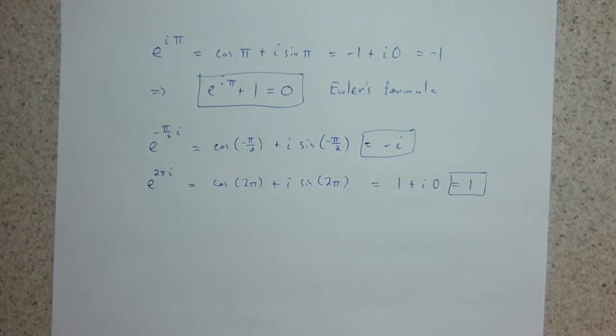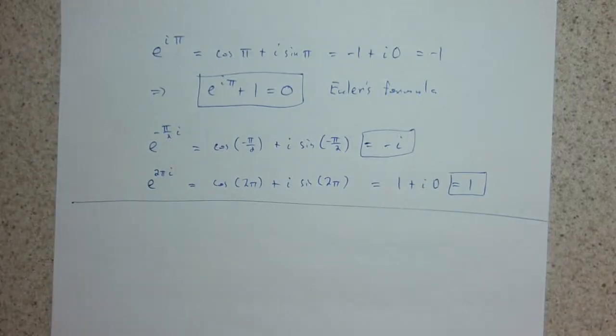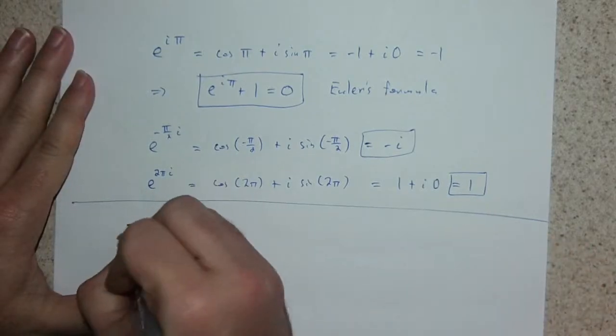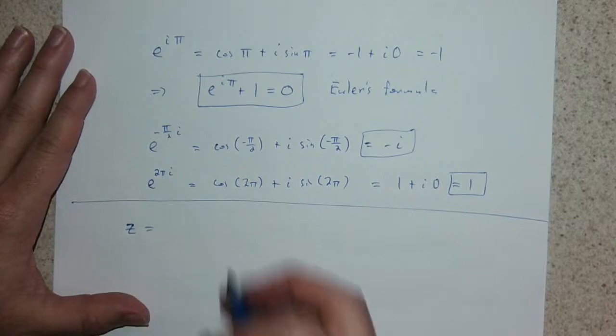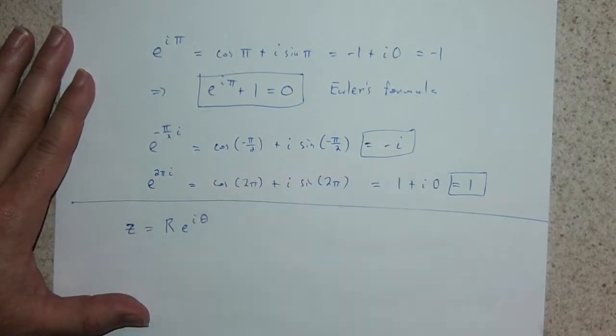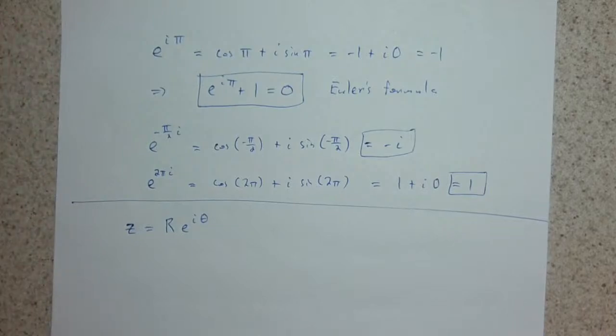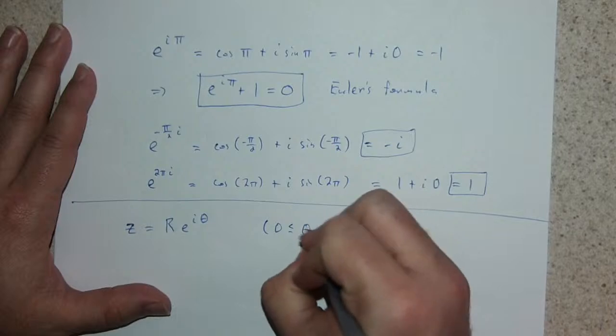All right. So one more nice way of thinking about exponential form, and then I'm going to show the practical reason why we're so interested in writing a complex number like this. Okay. So if I consider the following equation, let z be a complex number such that z is equal to r e to the i theta, where theta ranges between 0 and 2 pi.